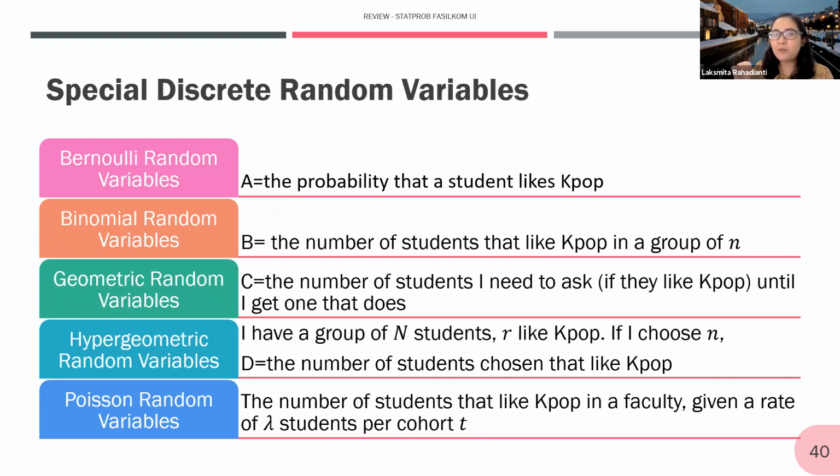So now I have a binomial random variable which describes the number of students that like K-pop in a group of 5. So it's important for me to determine 5 because I need to be able to limit my trials at a certain number n. So here just now, I can compute the number of students and I can compute the probability of the students that like K-pop in a group of 5 to be 1, 2, 3, 4, and so forth.